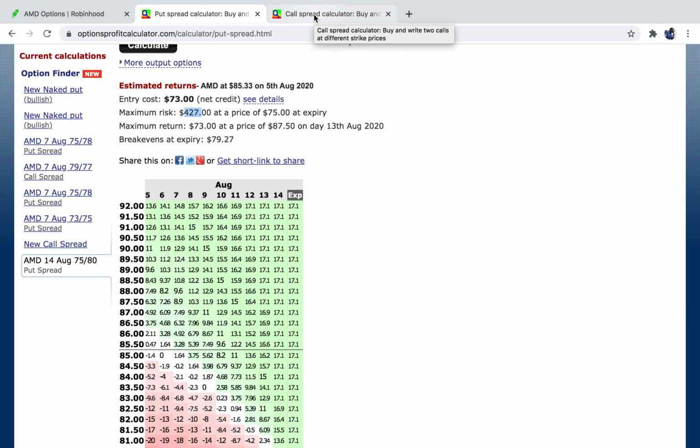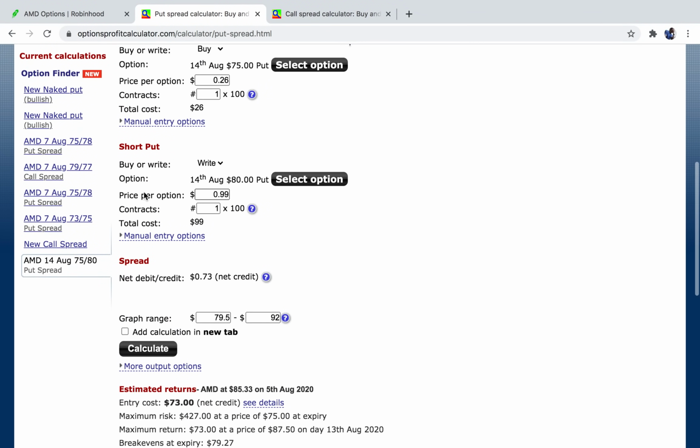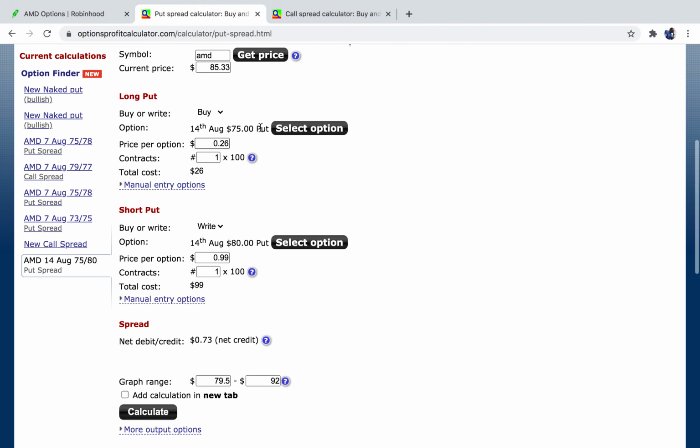And another thing to keep in mind here with the put spread is that you are selling this put. And I did make a video not too long ago on the risks of that because there has been instances where this put that you buy that serves as protection from the put you sold sometimes expires worthless, but this doesn't end up expiring with it.